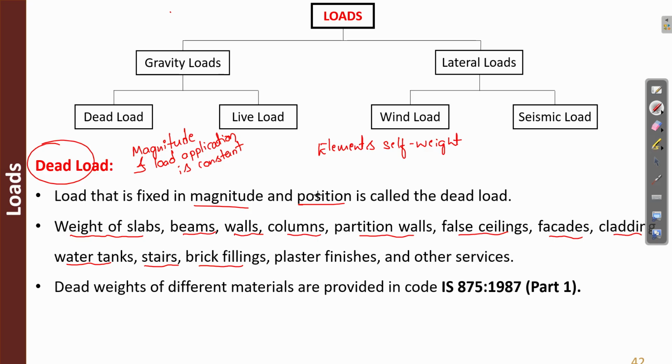Next, finishes on floors, that is plaster finishes and other services. The dead weights of different materials are provided in code IS 875 1987 part 1.